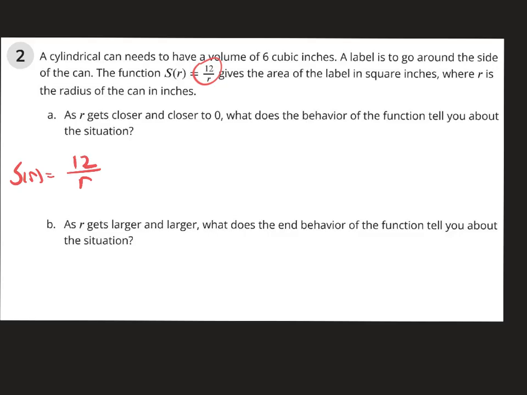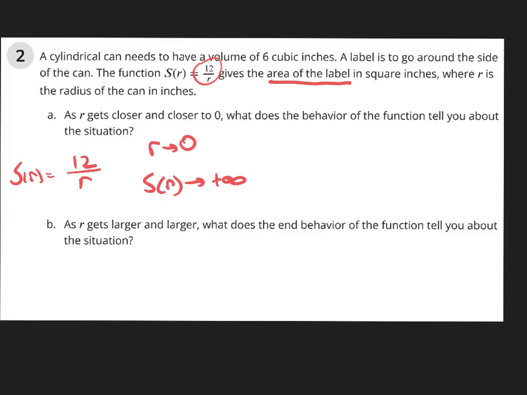So as R goes to 0, then the output, S of R, goes to positive infinity. So that means the area of the label grows quickly. It just increases.